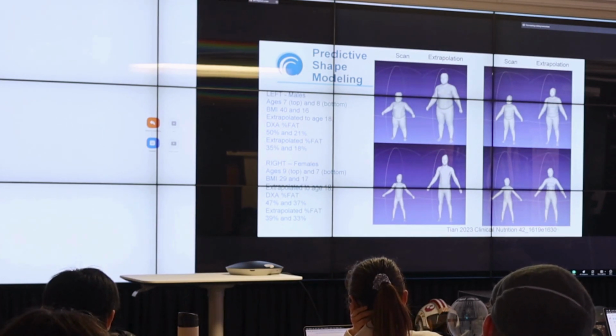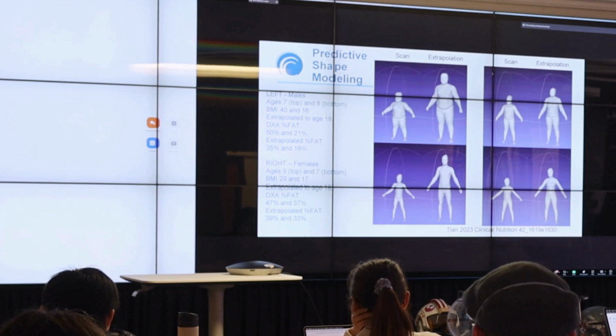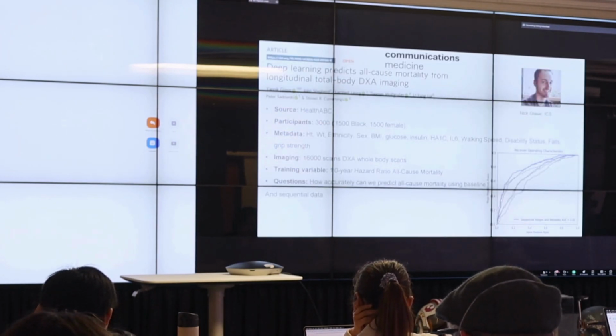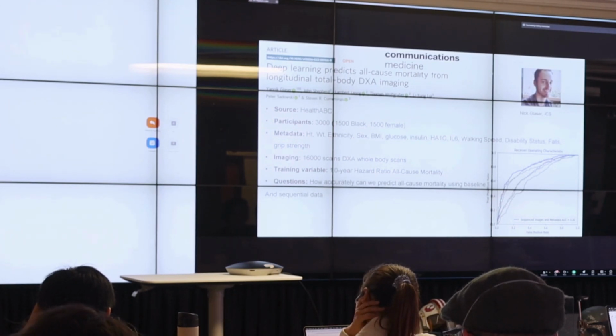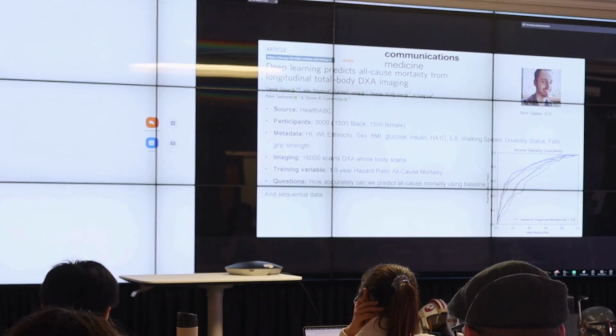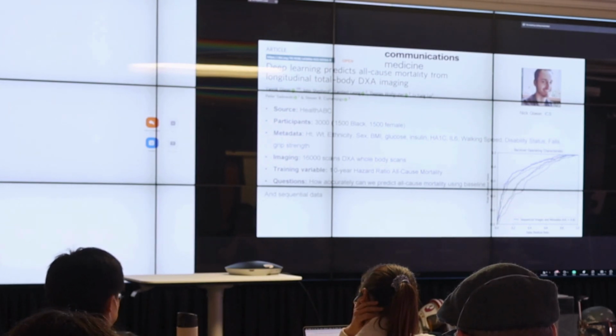And there's examples for a boy and a girl here. And this is driven from our models. Within the cluster itself, Nick Laser, another student that I'm working with, has done all-cause mortality predictions from an imaging mode called DXA, and that's an X-ray technique that looks at the whole body.